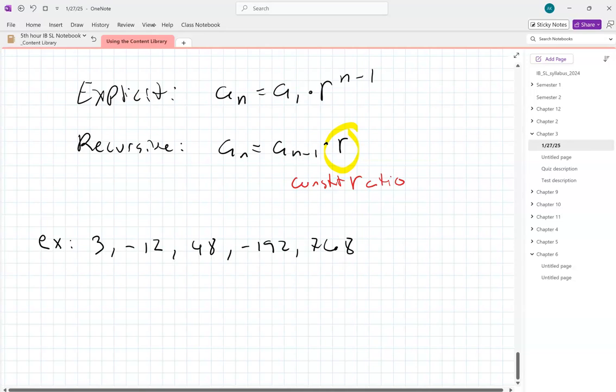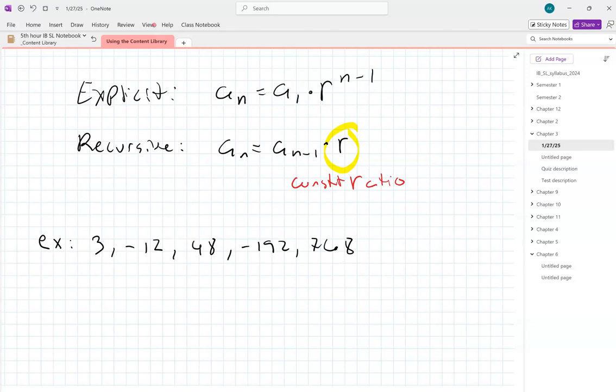Right away, I can tell it can't be arithmetic, because the signs of my terms are alternating from positive to negative. Immediately, you know you're not going to be adding or subtracting the same thing over and over if things are jumping back and forth from positive to negative.